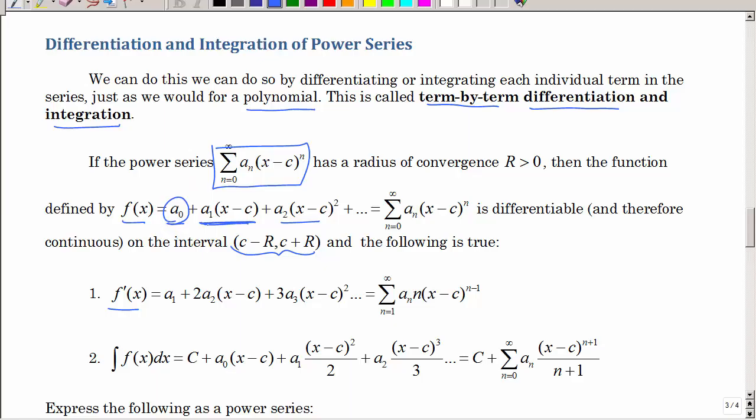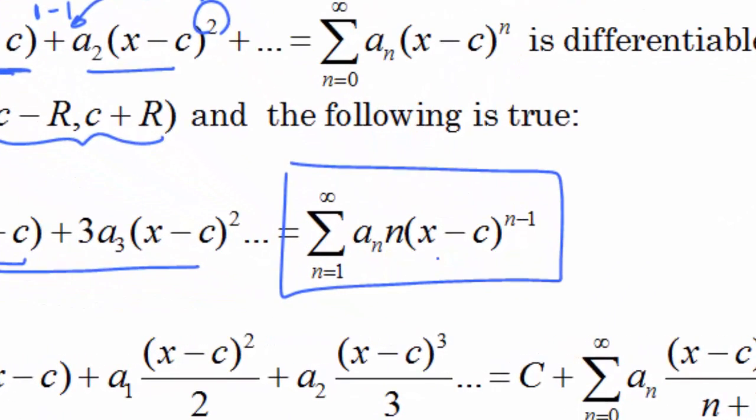If you took the derivative of this part, remember it's to the first power, so you'd multiply a1 times 1 and then reduce the power, and you get just a1, and so forth. You'd bring the 2 down in front, you bring the 3 down in front, and so our derivative can be expressed as this power series. Notice that our index has changed because our derivative has one less term, and that's because the derivative of our first constant was 0.